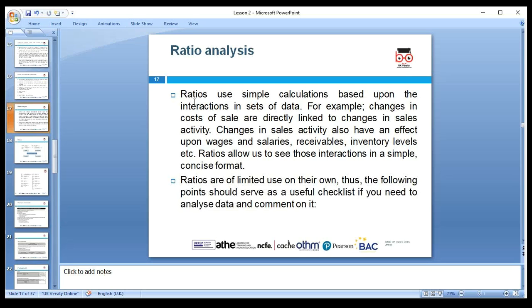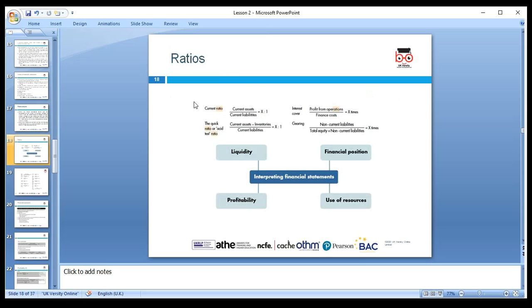Okay, next please. Ratios. Next we will go through the ratios. That's the key topic. Financial ratios are a relationship between two things. We'll go through these ratios in liquidity, profitability, financial position, and use of resources.